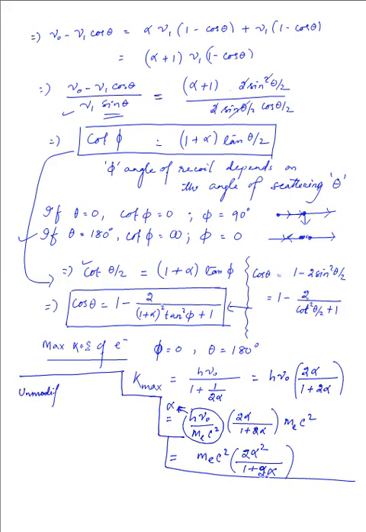Unmodified line is due to the coherent scattering of the incident radiation, that is the photon that has been made incident, which is of the form h nu naught, by the inner electrons of the atom.